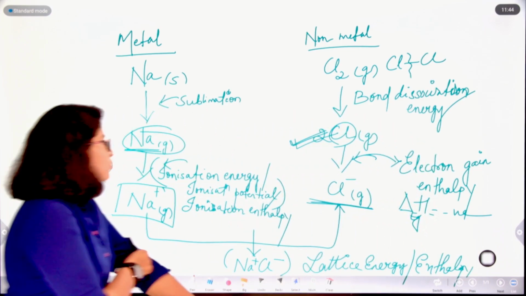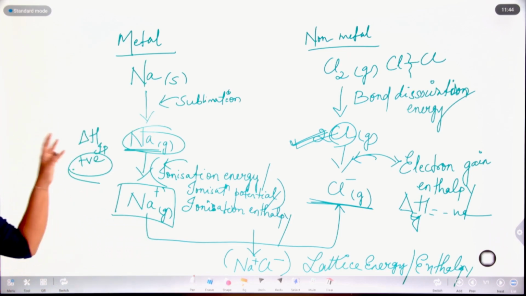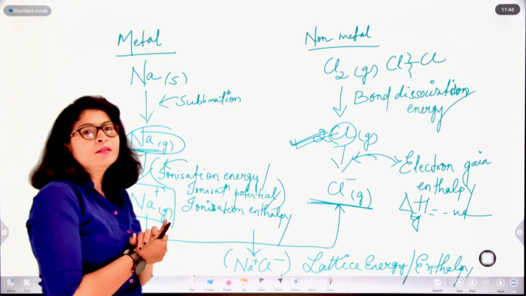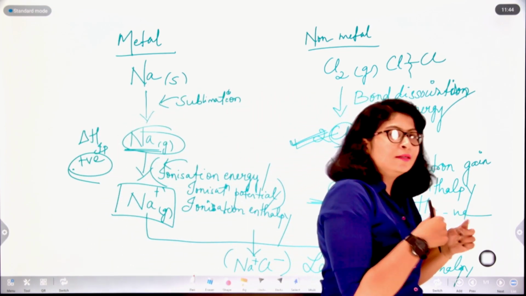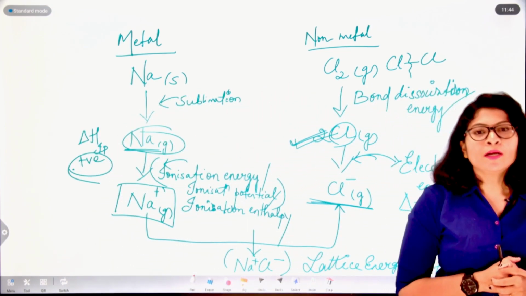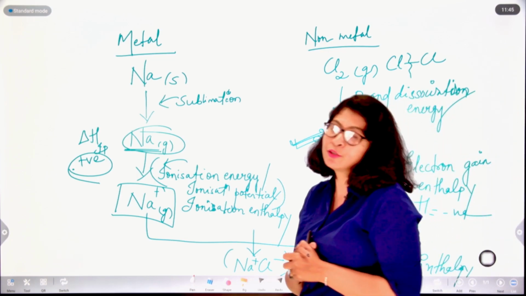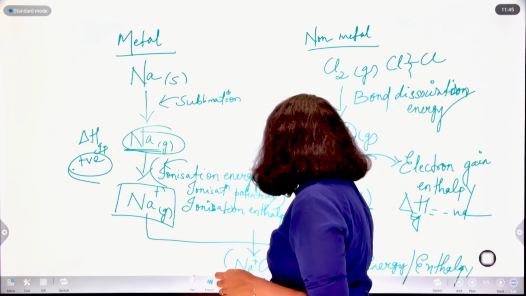Okay, so these are the energy transactions which happen between the atoms to form ions and to finally form an ionic bond. Now let us see on what factors the formation of ionic bond will depend.